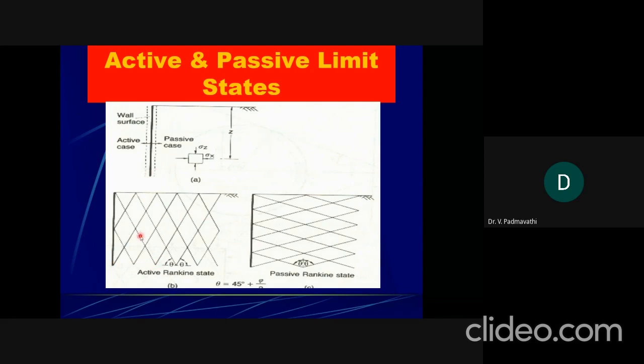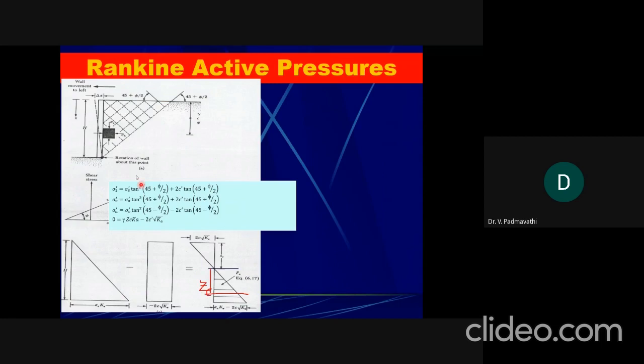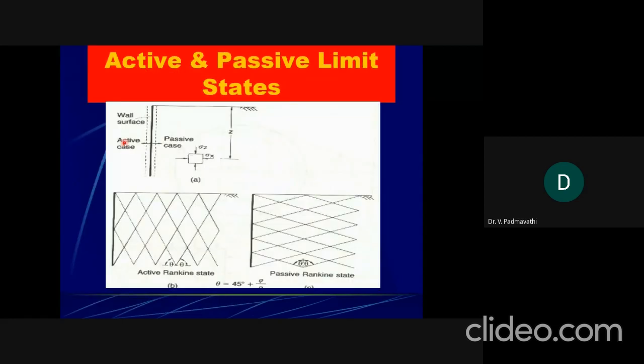This is not correct. And in the passive case also this is not correct. Whatever I have shown in the previous case, those are the correct figures. The figure here should have the slip lines or failure lines like this. It's not like this. Got it?